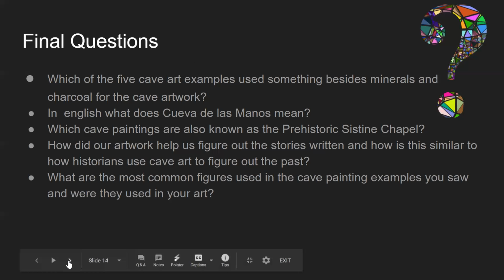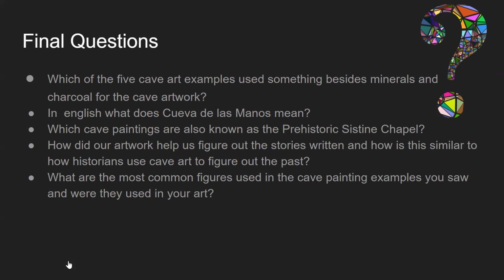And then finally, there's some questions I want to ask, so you guys can consider them before we meet up again. The first one is, which of the 5 cave art examples use something besides minerals and charcoal for the cave artwork? Second one is, in English, what does Cueva de las Manos mean? Third, which cave paintings are also known as the Prehistoric Sistine Chapel?